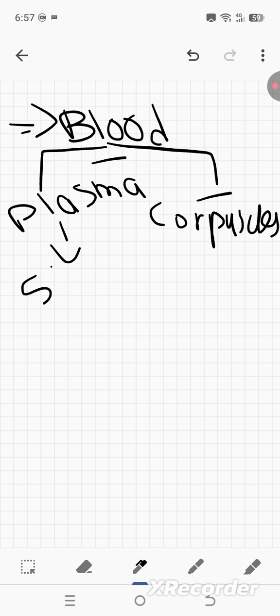Plasma inside the blood is around 55% and corpuscles inside the blood are 45%.